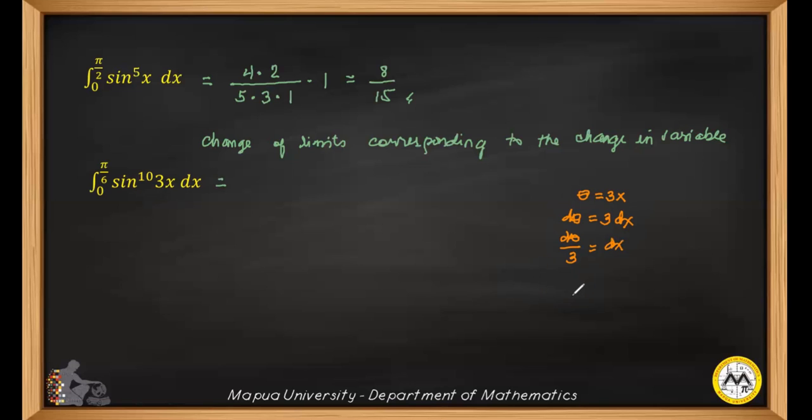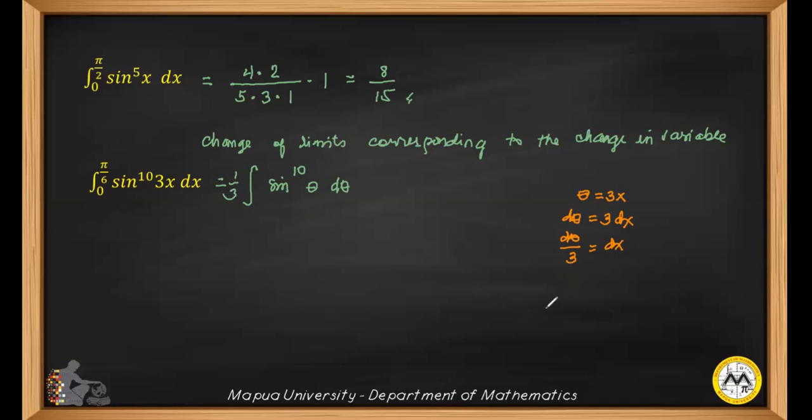Corresponding to the change in variable, we need to change the limits of integration. So the new integrand is sine to the 10th of theta, with a new variable of integration theta, and we have the correction factor 1/3.